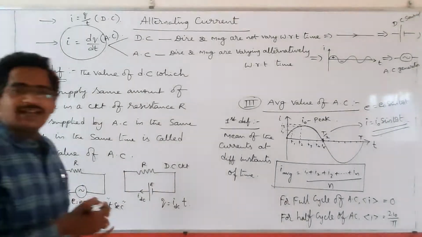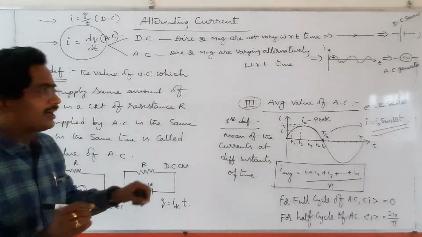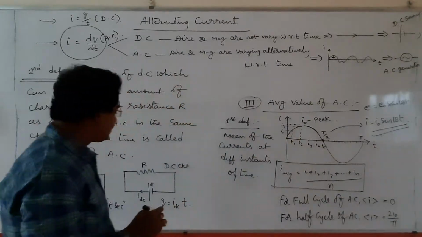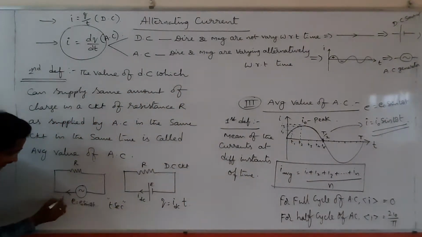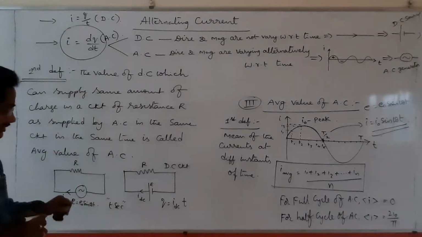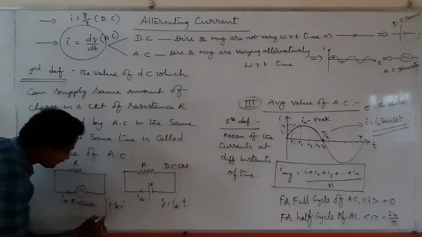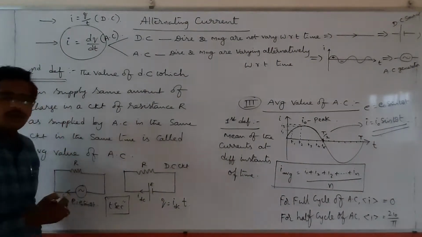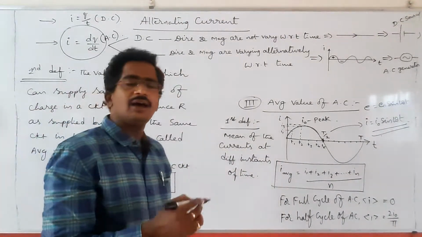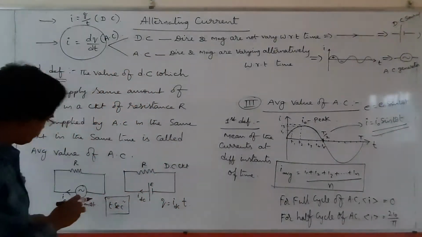Here the current value changes from instant to instant, right? At a particular instant of time t seconds, the current value in the circuit is IAC.